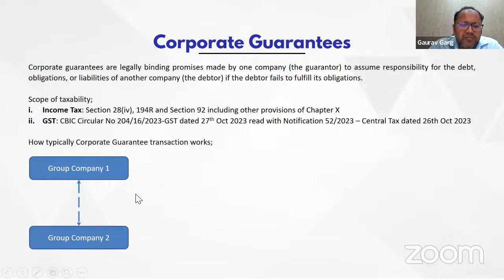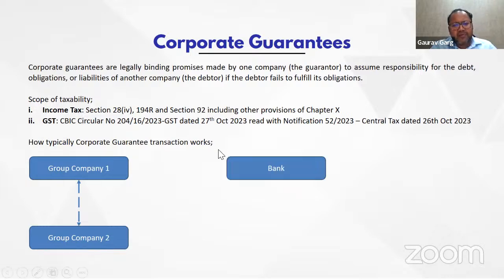So there is a relationship between these two companies, and they qualify as related parties under GST and as associated enterprises under income tax. But as far as 28(4) or 194R is concerned, the relationship is not required. Even if you are not related parties, 28(4) and 194R are still applicable.